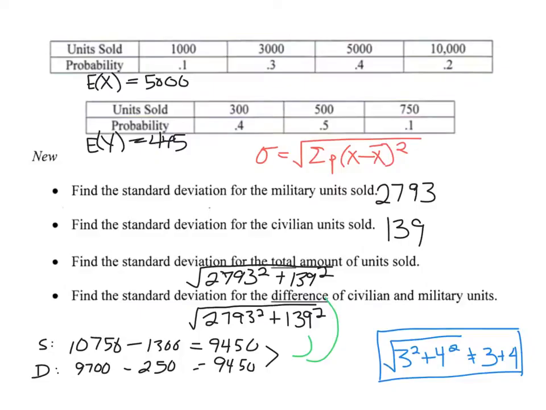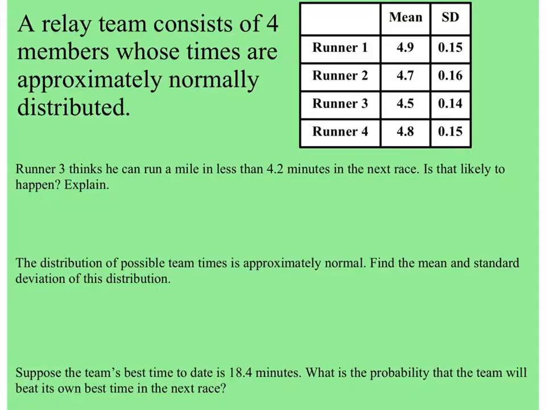Let's look at one final example. A relay team consists of members whose times are approximately normally distributed. So you can see these runners, their average mile time, their standard deviation. It says runner 3 by himself thinks he can run a mile in less than 4.2 minutes. Is that likely to occur?